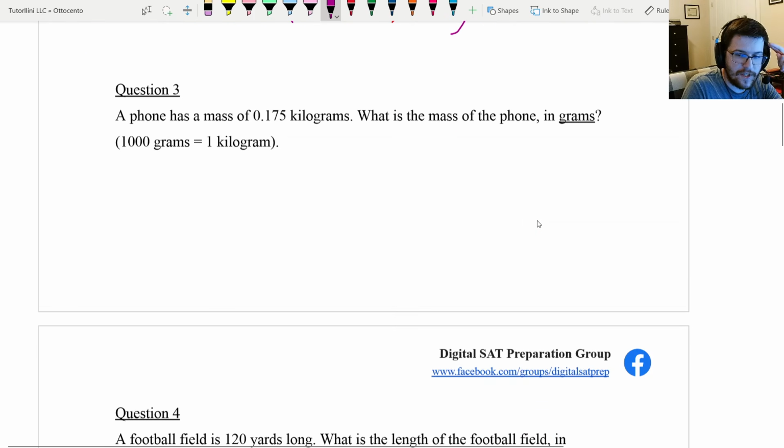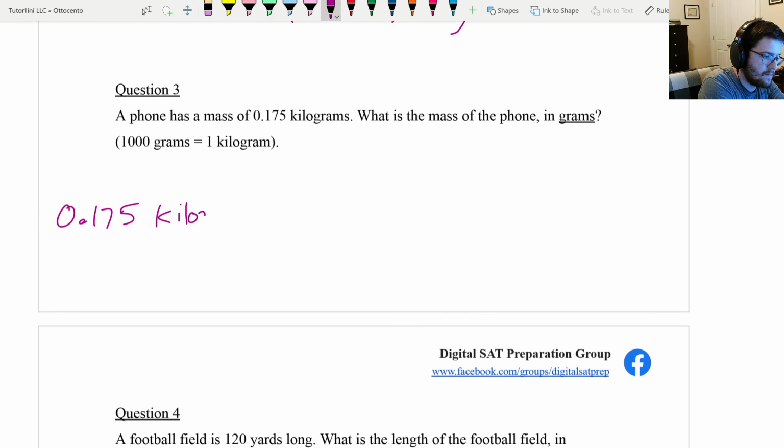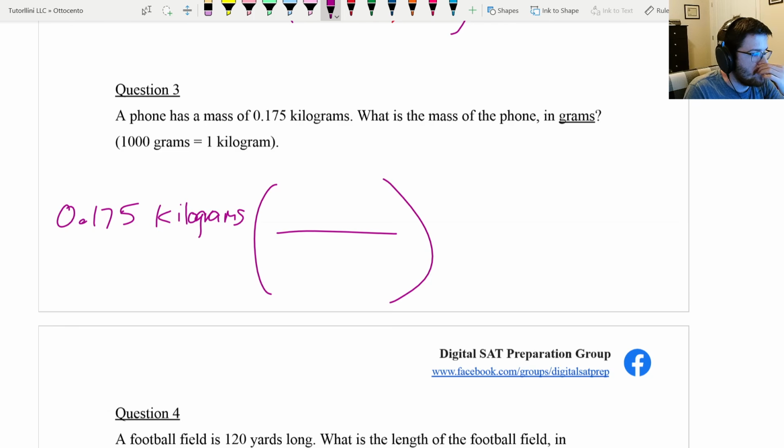Okay, question 3. It says a phone has a mass of 0.175 kilograms. We only have one unit conversion, so I don't really need to think too much about it, but just check. Okay, it's got kilograms in it, so we can use it.